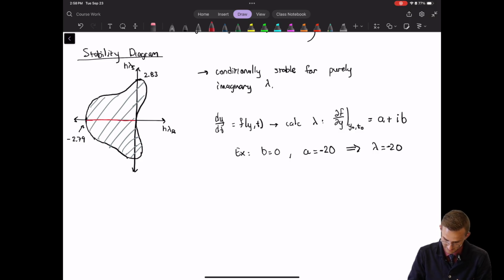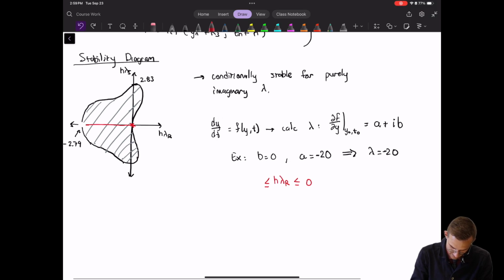From that, we know that h times lambda r has got to be less than or equal to 0, and greater than minus 2.79.